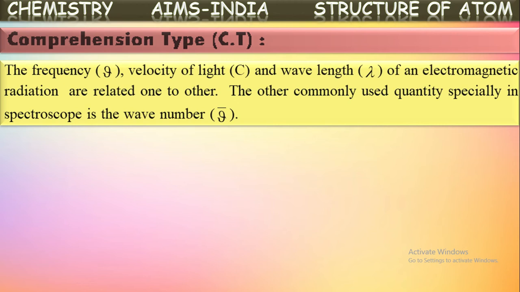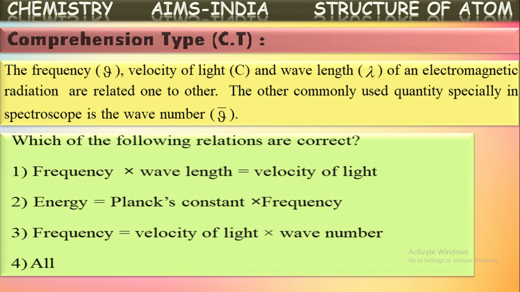The other commonly used quantity, especially in spectroscopy, is the wave number. So now these are the characteristics of the electromagnetic radiations. These all are related one to another. What are those? Frequency, velocity of light, wavelength, and wave number. So based on these relations, they may ask questions here.